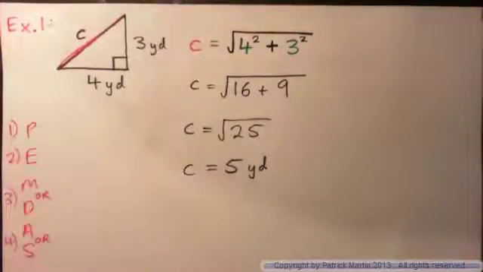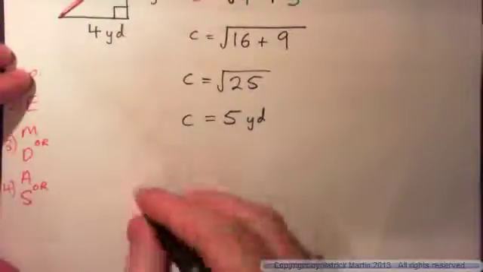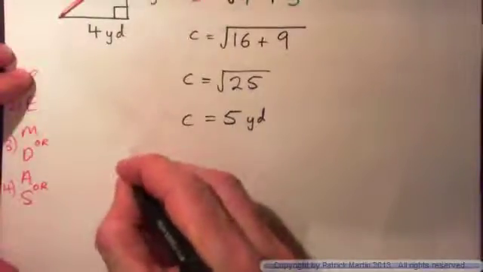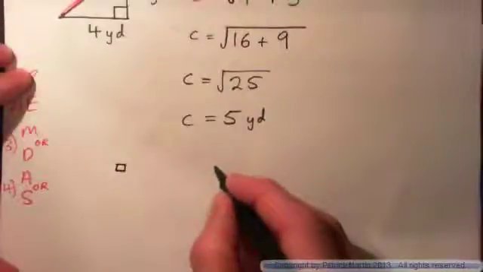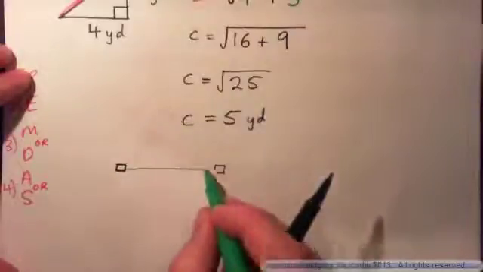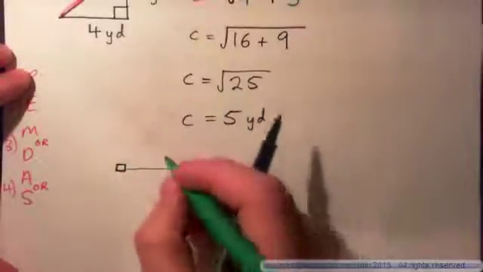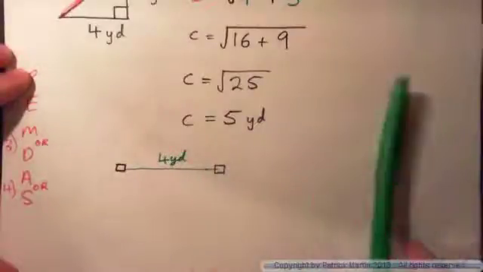So one thing you can do is if you wanted to build a garden shed, and some people do this, and you wanted to make a perfect corner for your foundation of your garden shed, you could drive a stake into the ground, and then you could measure across 4 yards with twine or rope.